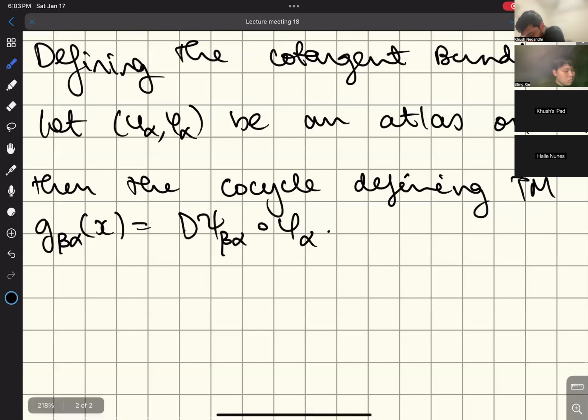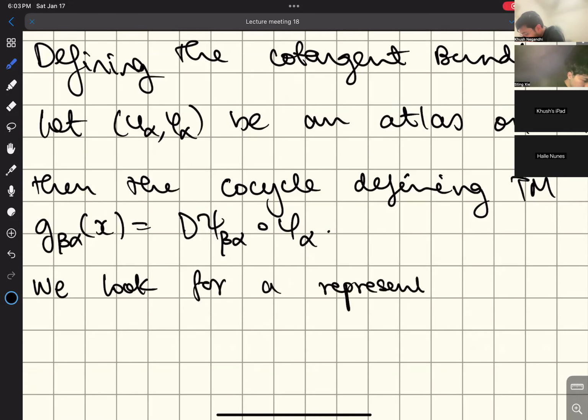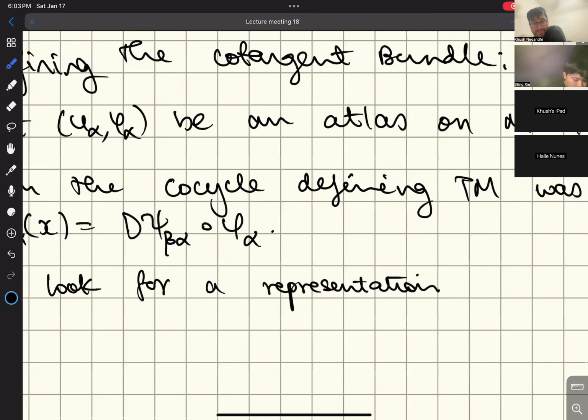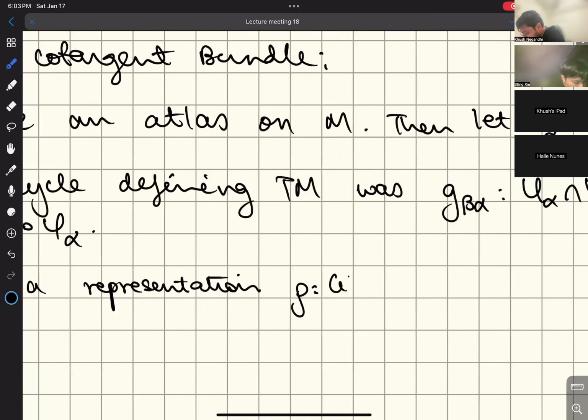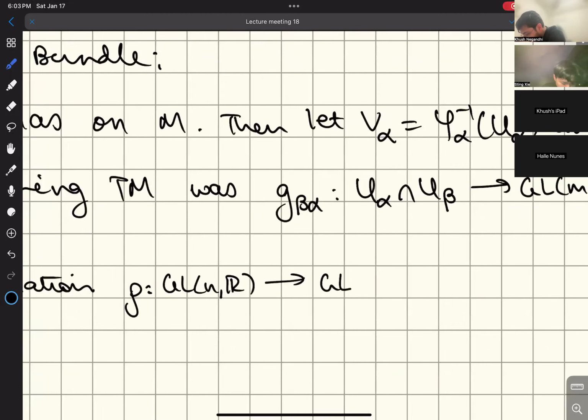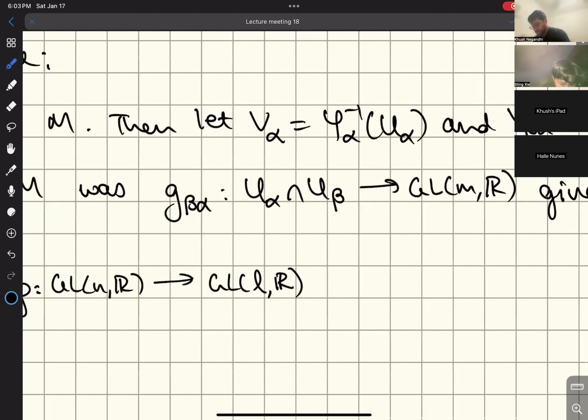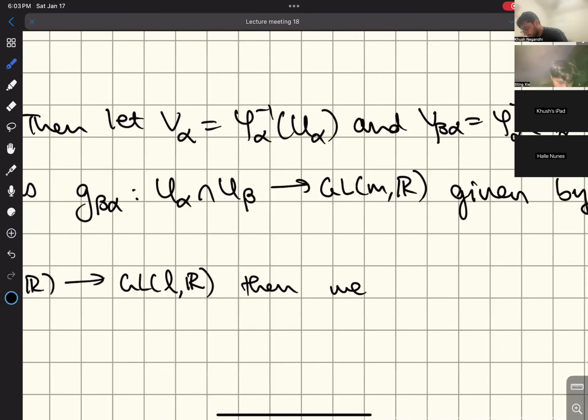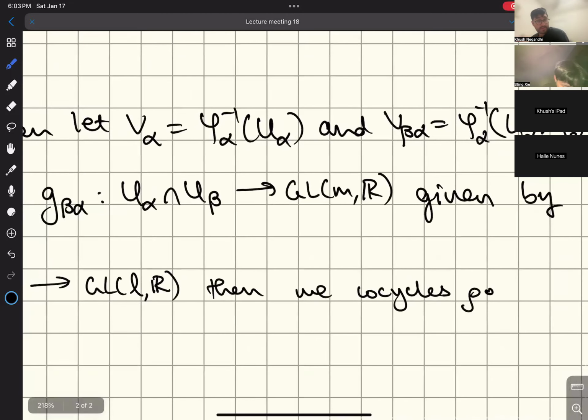So now we look for a representation rho from GL(n, R) to GL(l, R) for some l. Then we get cocycles rho composed with g beta alpha equal to T beta alpha.